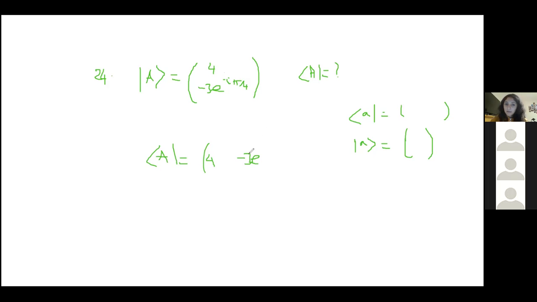So rather than having negative 3e to the negative i pi over 4, you just have negative 3e to the i pi over 4. And this is your bra. So this is the conjugate transpose of this state. So hopefully that made sense.